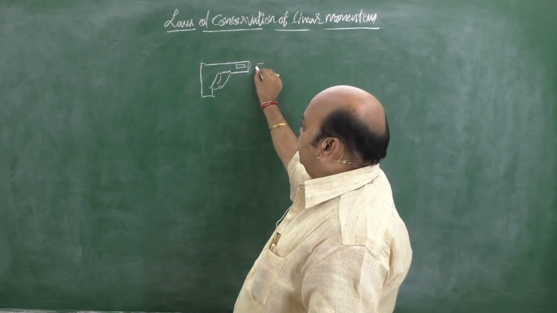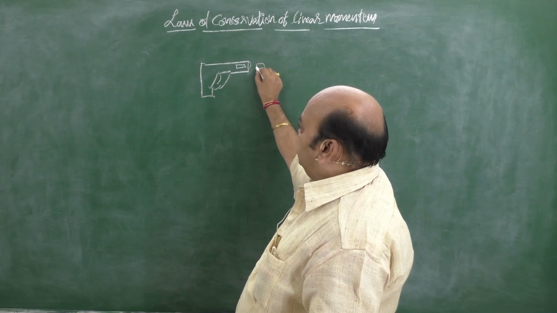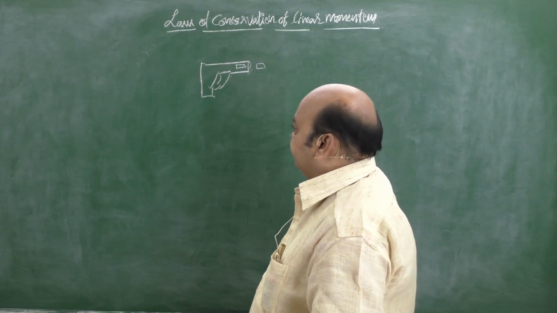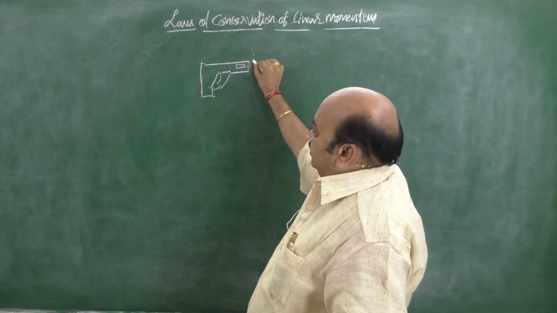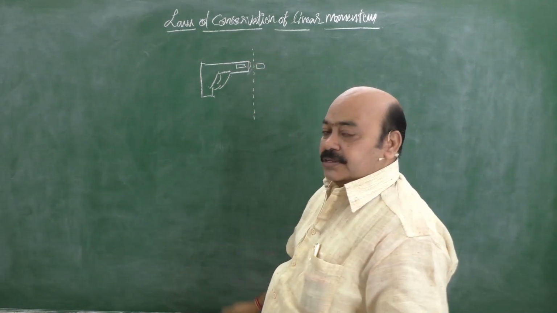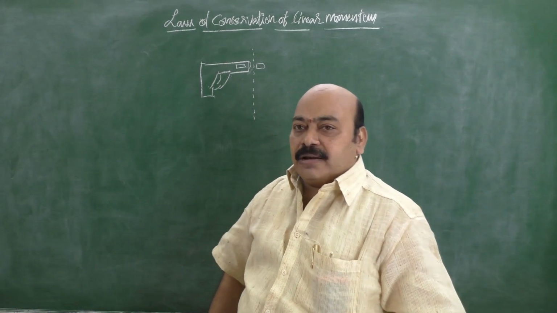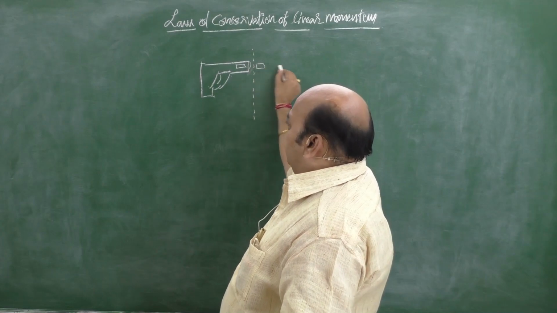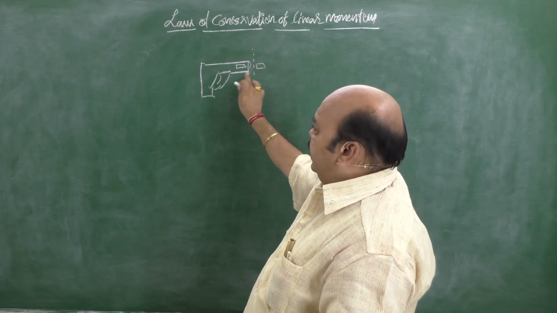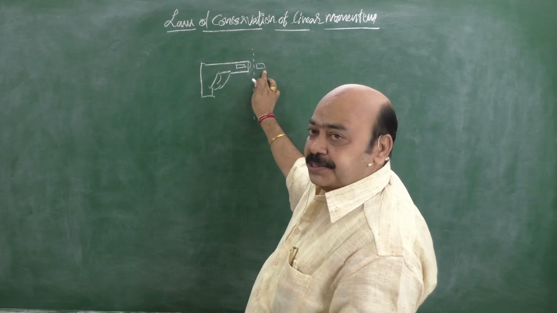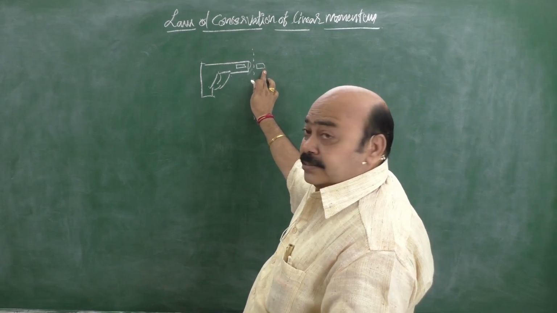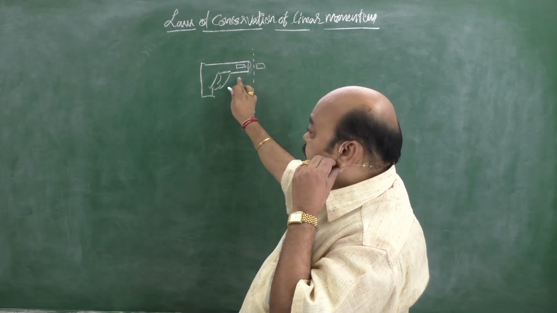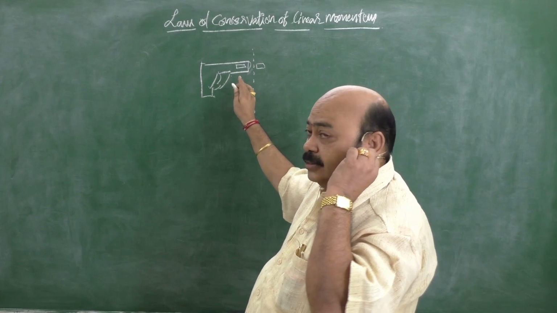The bullet comes out and is delivered with a certain velocity based on the power of the gun. This is called initial and this is after. According to Newton's third law, when the bullet was fired from a gun, the gun exerts some force on the bullet. At the same time, the bullet also exerts a certain force on the gun.